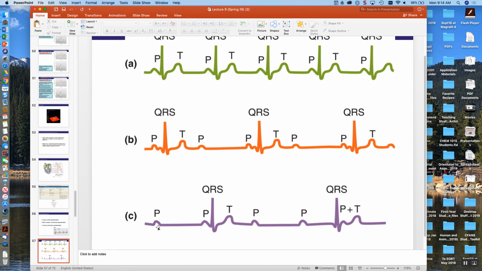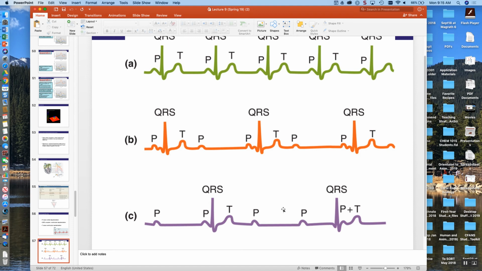Now the P and the QRS are actually firing completely separately. What you didn't know is the AV node has its own funny channels. It can be the pacemaker. So now the P wave is firing completely independently. You can even see a P wave right in between a QRS and T. And the AV node has taken over as the pacemaker for the ventricles.